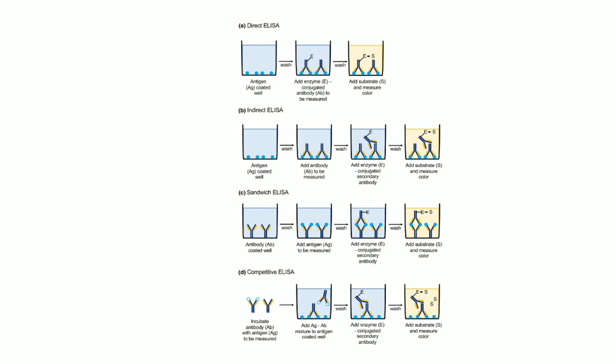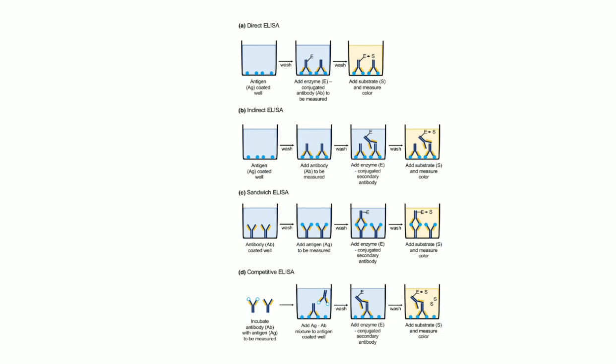If this binding has occurred, in order to detect that, we will add a substrate so that the enzyme acts on the substrate and a color will be produced. So here also the presence of color means the test is positive. Since we are detecting antibody, the antibody will be present in the patient sera.